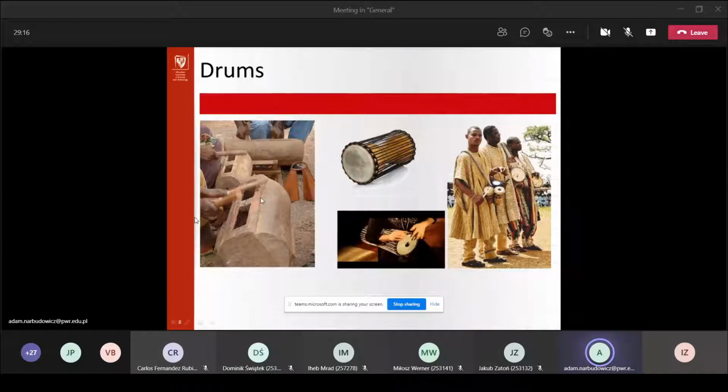Depending on the place where you hit the drum, it will generate a different frequency, basically a different tone. And that can be used if you agreed upfront with your receiver what each sequence of tones means. You can actually transmit some information and some communication.